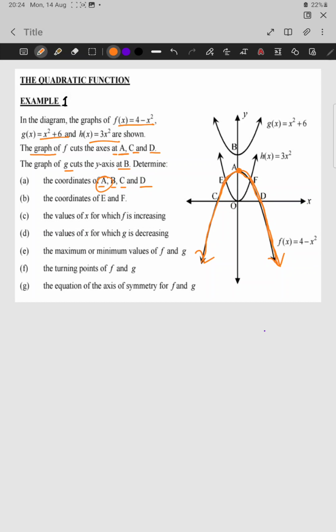Now remember, if a is the y-intercept, that means x is 0. So we're going to use this equation here, and in the place of x we're going to put 0, and then we solve for y because a is the y-intercept.